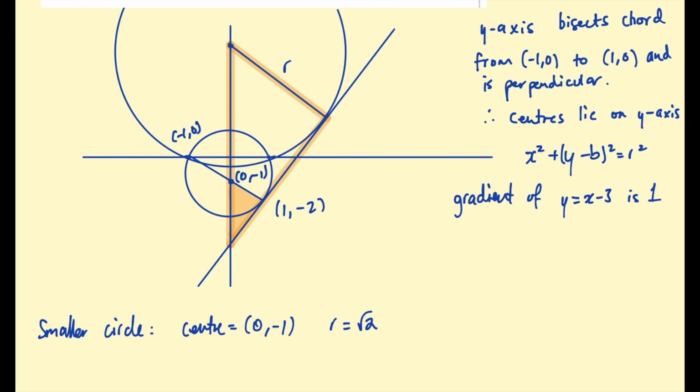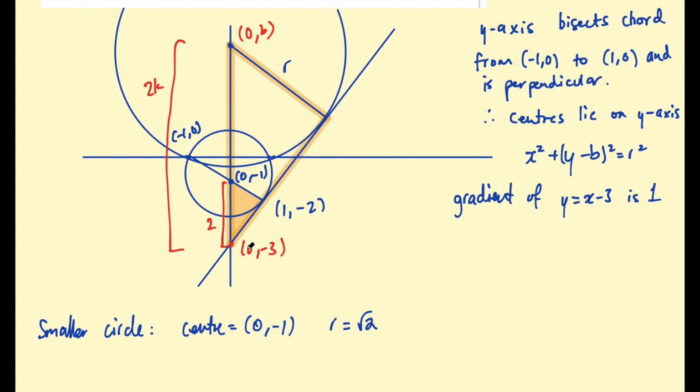And this length here, from 0, -3 to this point, 0, b, that length is going to be some multiple of 2. That was that length there. So this is some multiple of 2, let's say 2k. Okay, so now that y coordinate of that center is going to be 2k take 3, right?